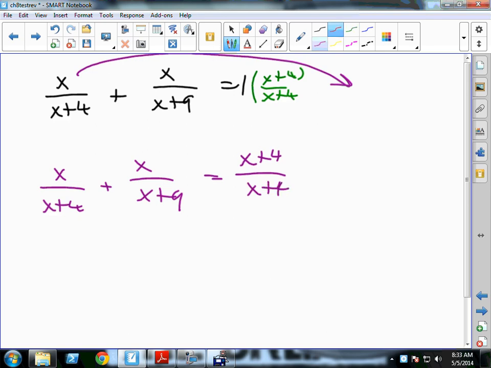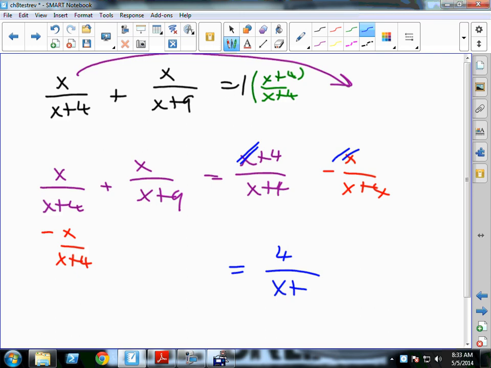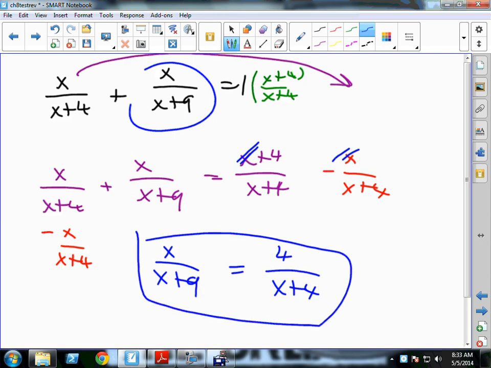And then what I'm going to do is subtract x over x plus 4. So when I do that, this x and this x kind of go away. So I end up with, on the right, 4 over x plus 4. And on the left, I end up with just this term, x over x plus 9. Okay. So here's my resulting equation that I'm trying to solve.